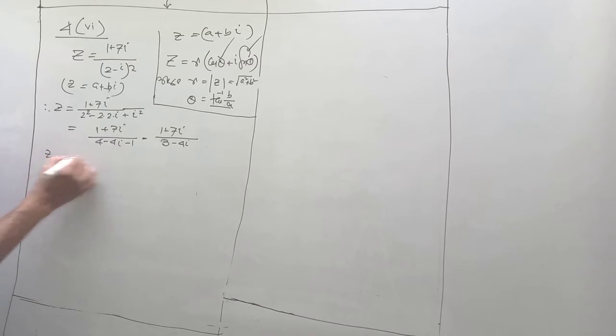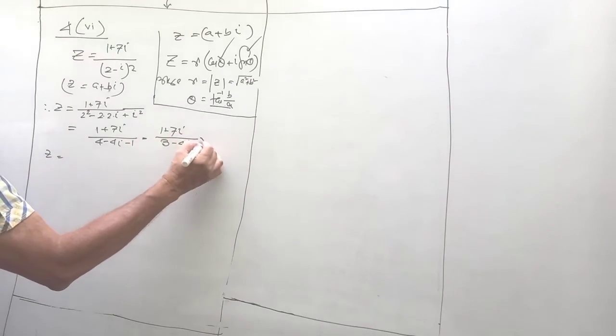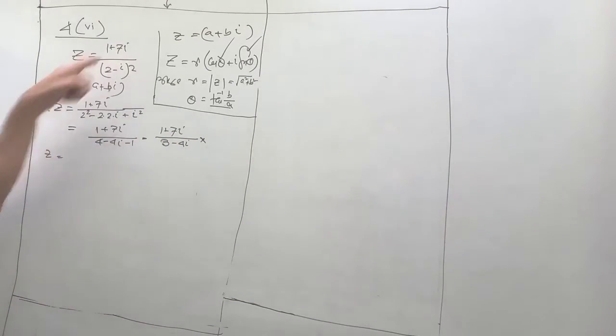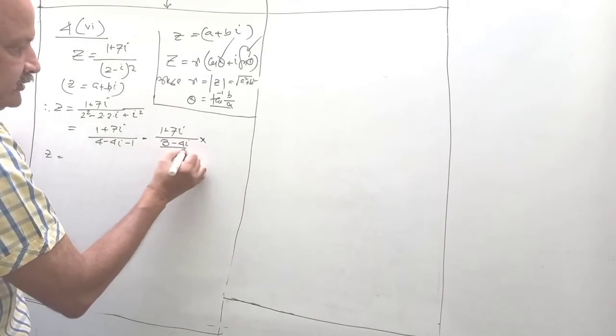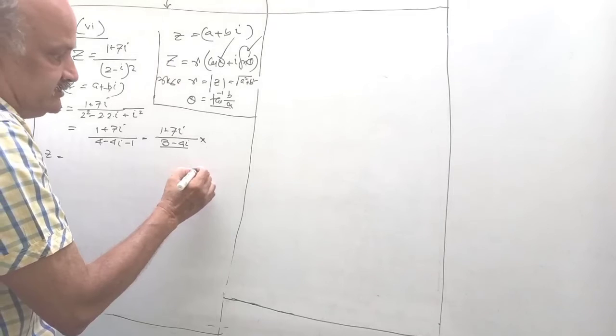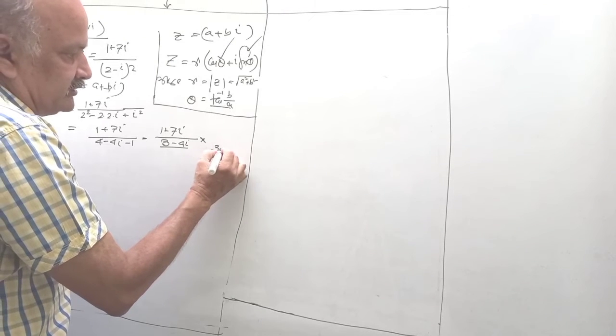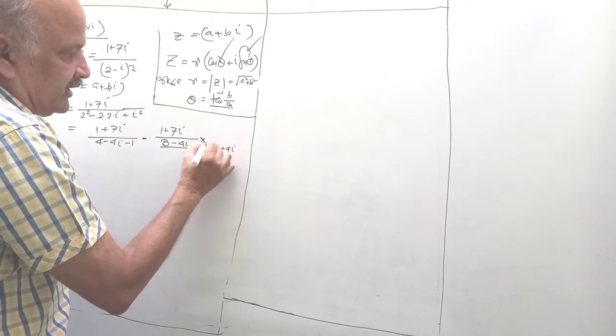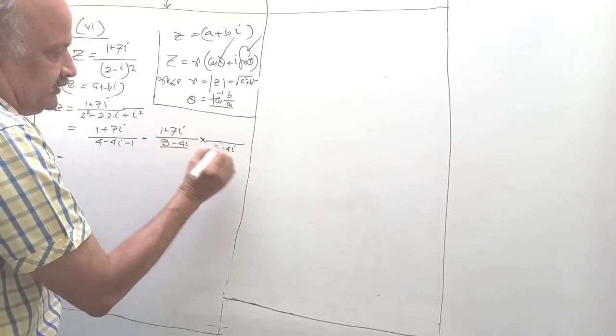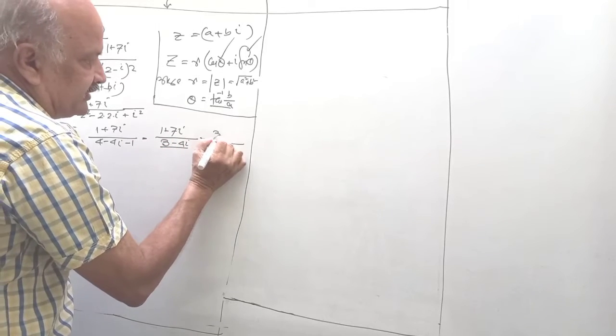Again you see here, to convert to standard form a + bi, we are doing something equivalent to rationalizing, that means multiplying both sides by the conjugate complex number of the denominator.